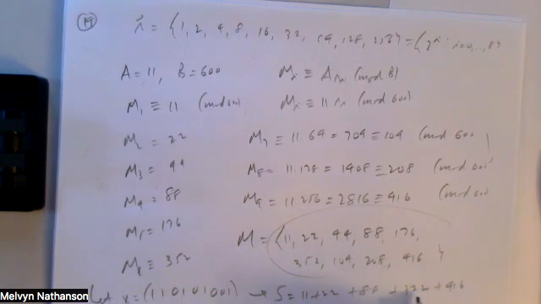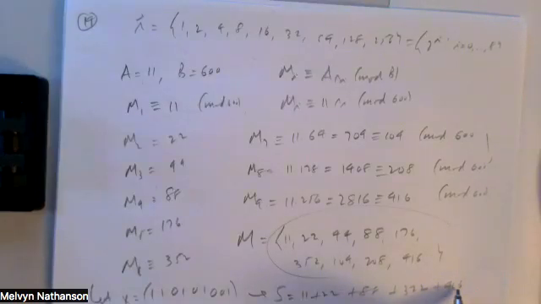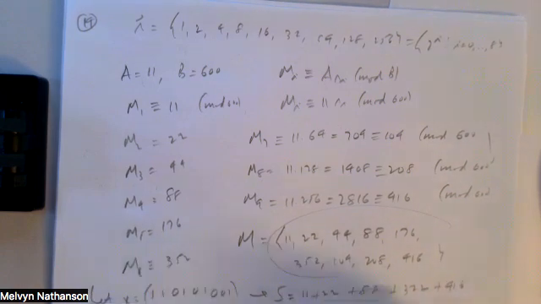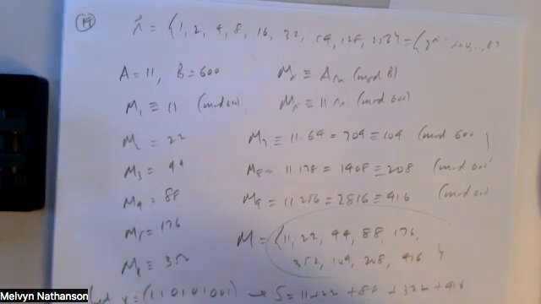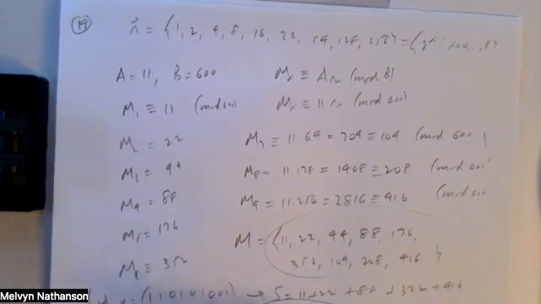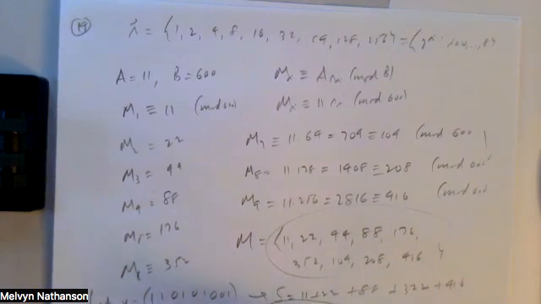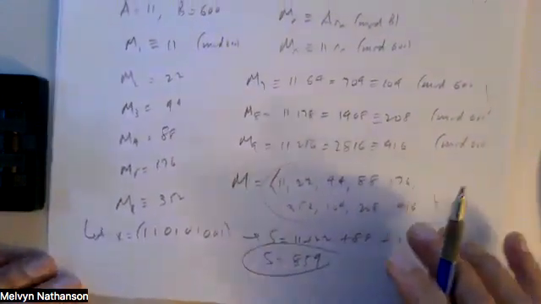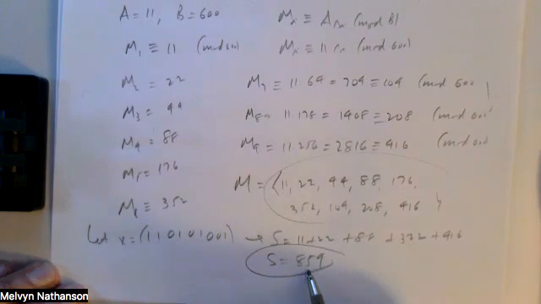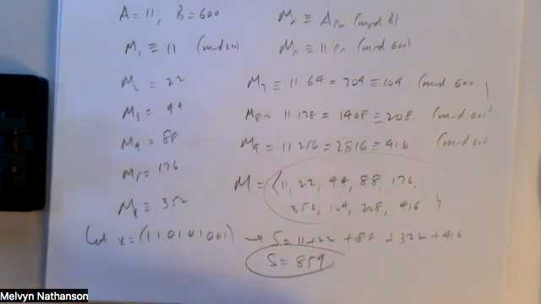So what is that? 11 and 22 is 33, plus 88 is 121, plus 352 is 473, plus 416 is 859. So that is the ciphertext that Bob sent to Alice.